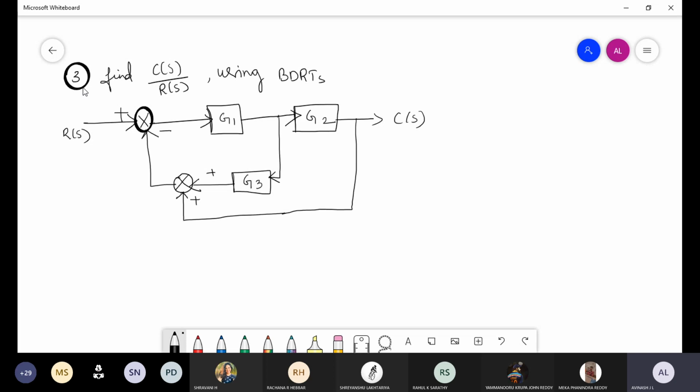Actually, this is an examination numerical. It is asked for 8 marks a couple of times. If you see around 10 to 15 question papers, it has appeared around 6 to 7 times. It has a good asking ratio. So I have well taken the question.